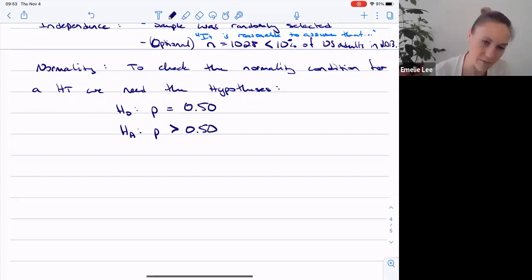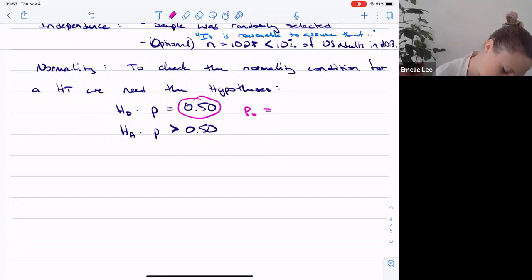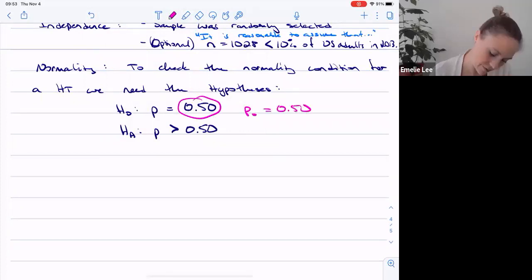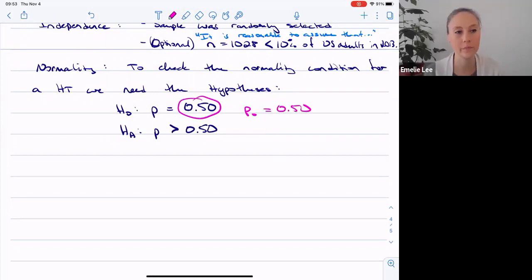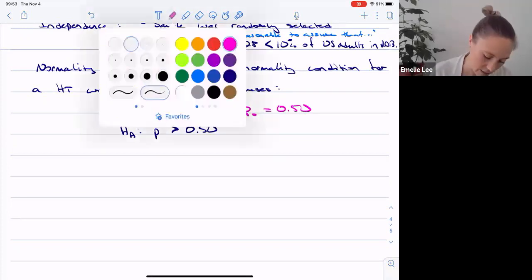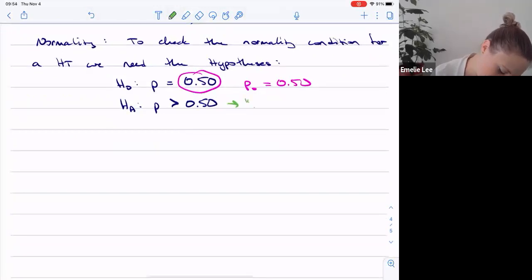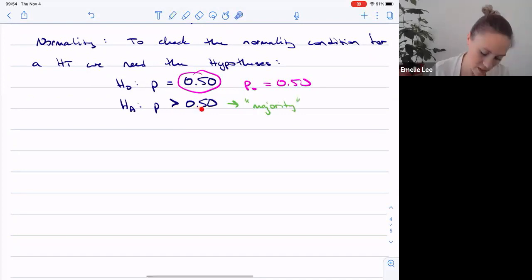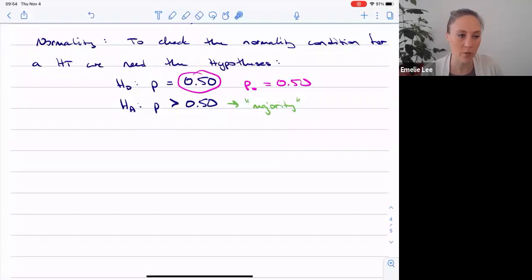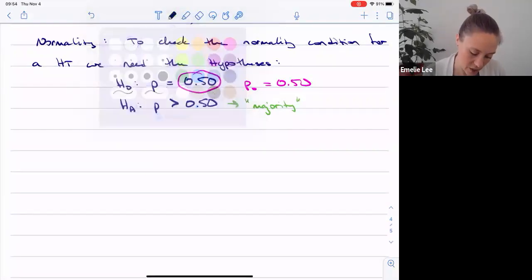Maybe I'll write 0.50 just to make it look a little bit nicer. It doesn't matter, right? So this is saying that P naught is equal to 0.50. Okay, and it's because this is a majority. So is there evidence that P is larger than 0.5, right? A majority.